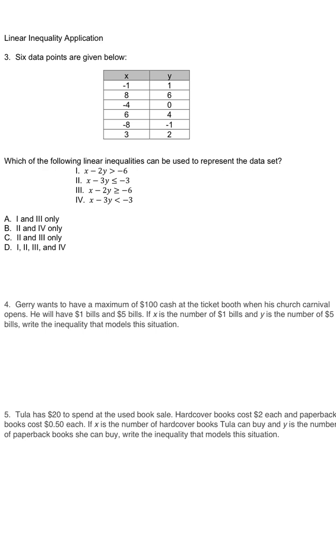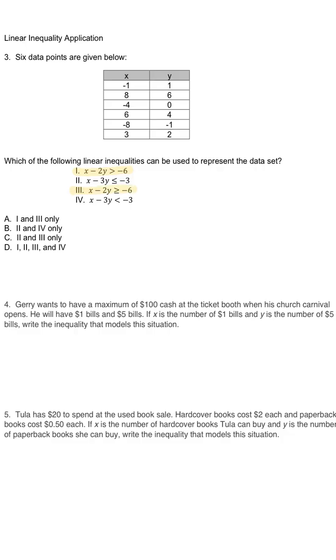Let's look at these linear inequalities right here. If you look at numbers 1, 2, 3, and 4, I want you to notice that number 1, I'm going to highlight it yellow, is x minus 2y is greater than negative 6. But look at number 3. They're very similar.